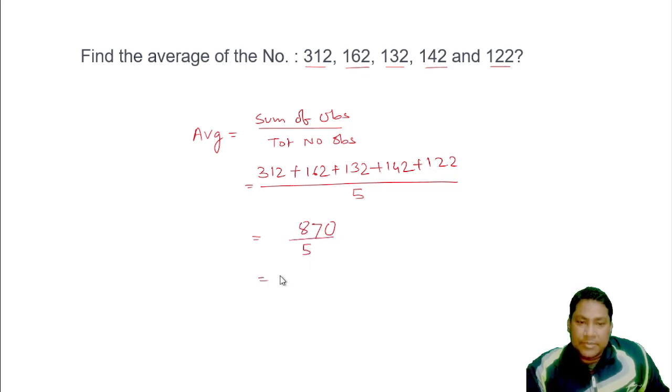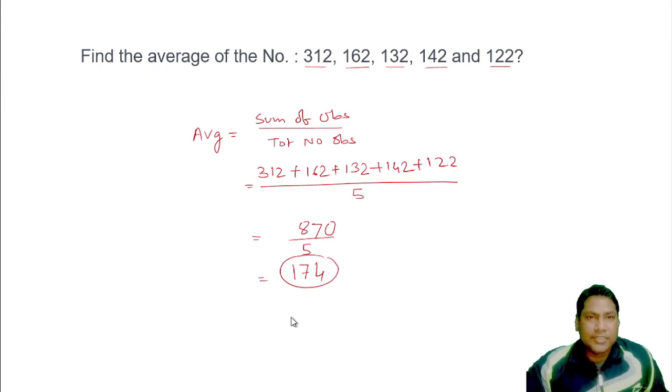If we divide it by 5, 5 1s are 5, 3, 37, 7 5s are 35, remaining 2, 20, 5 4s are 20. So the average of these numbers will become 174. It is very easy to find the average of numbers.